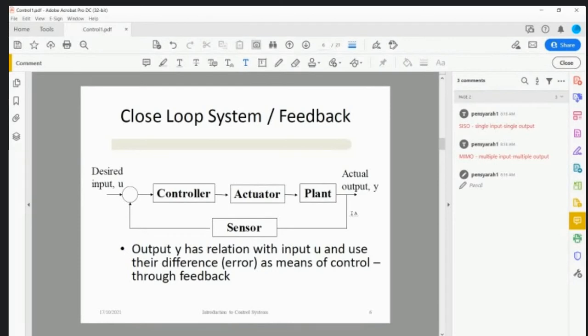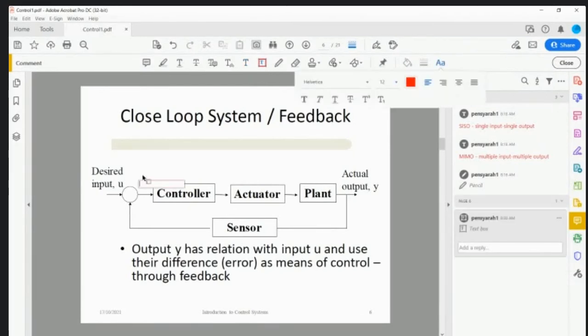It will give feedback from the system to the controller by comparing to the input. Here you can see this is a summation point. Its function is to compare the input and the actual output.